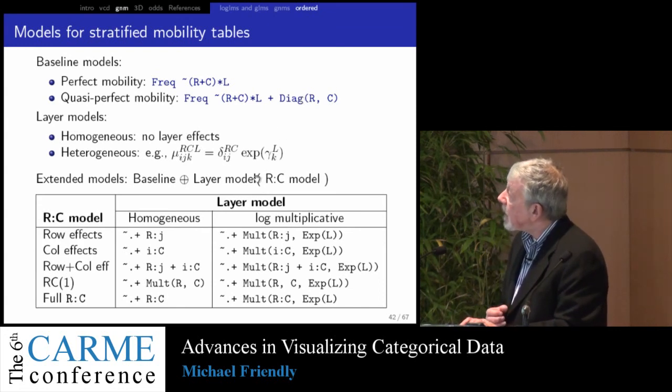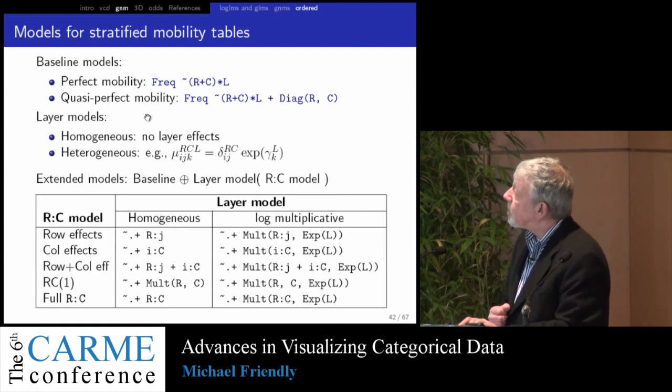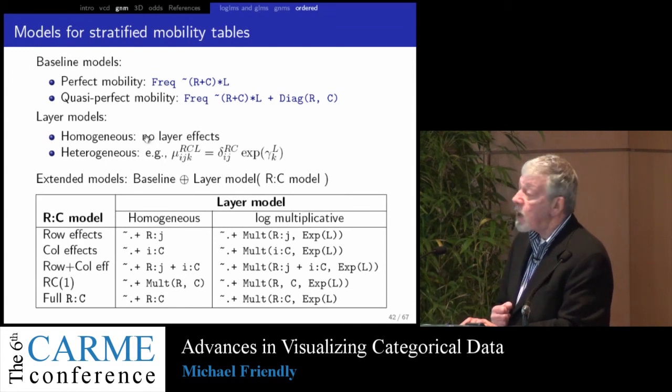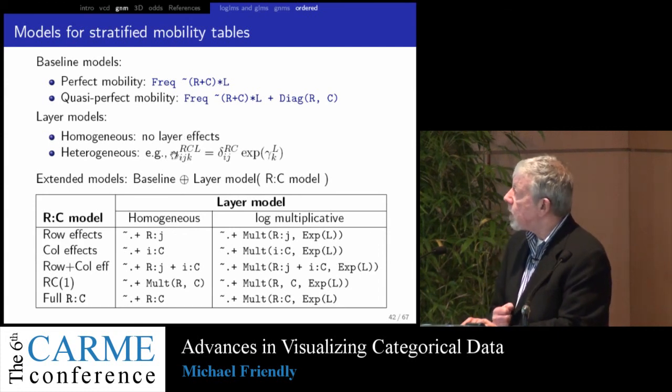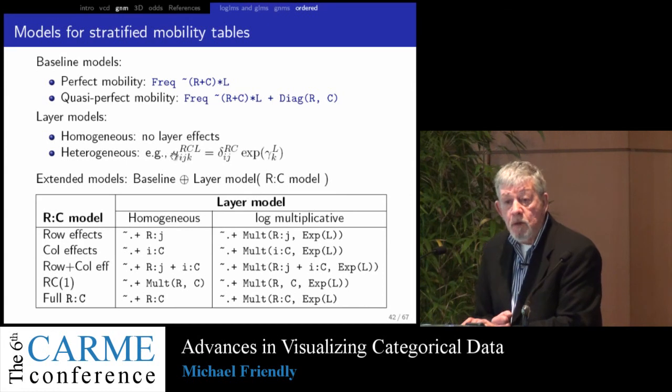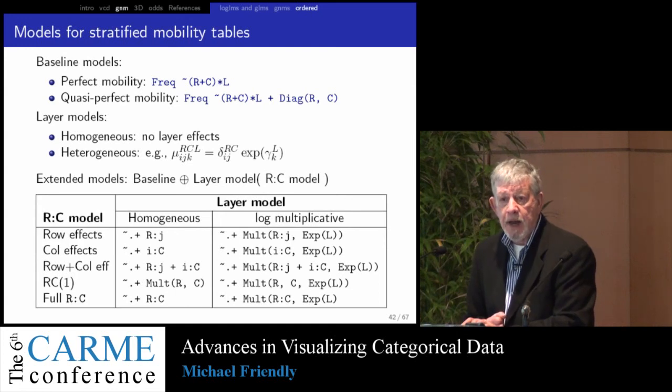Now, the interesting thing is that these baseline models can be combined by a nice algebra with any models for the layers. So we might say, well, it's the same pattern of association in all countries, homogeneous. Or we might have various models fitting a simplified association in the three-way table.